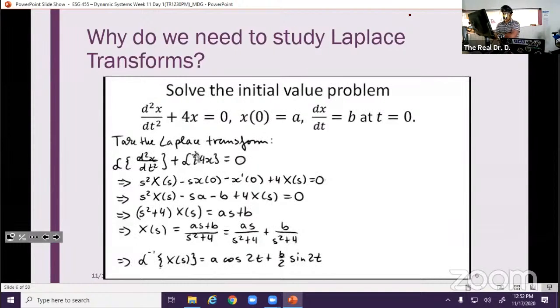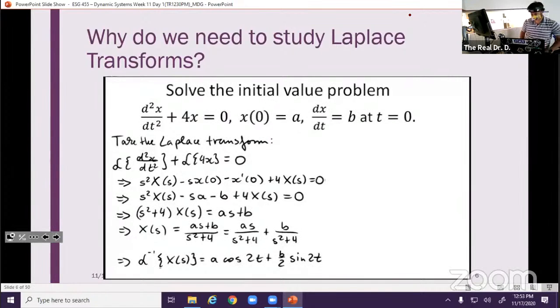We know what the Laplace transform of this is, and also of the second derivative, which comes to an equation like this, which we then simply solve for x of s, doing some rearranging. And we then transform back into the time domain. And there is our solution to this initial value problem with a second order differential equation.